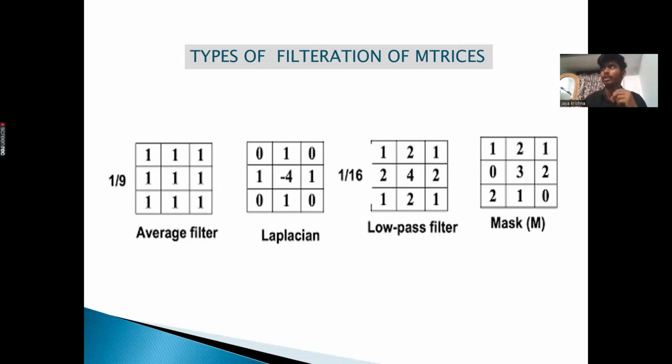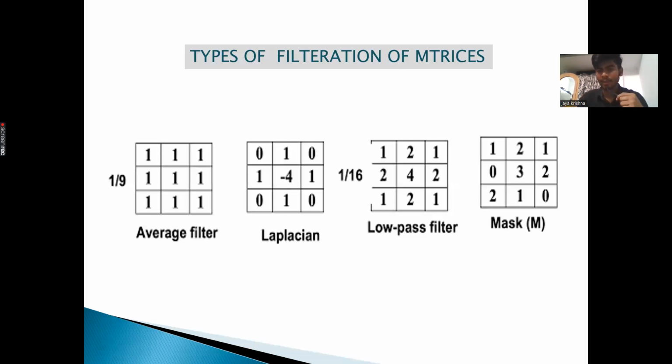We are taking the example of 3 by 3 matrices. The Laplacian matrix is the second type of filter matrices: 0, 1, 0, 1, minus 4, 1, 0, 1, 0.